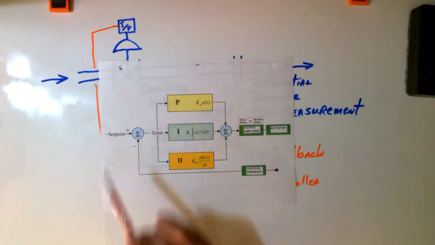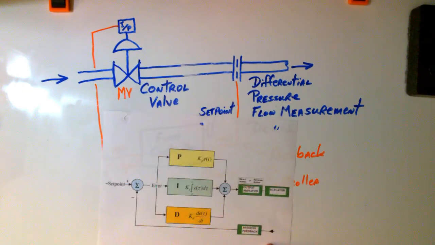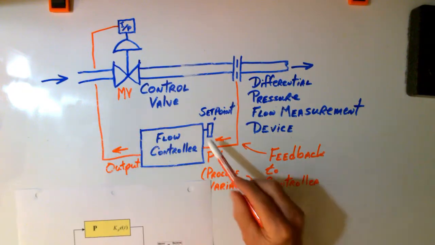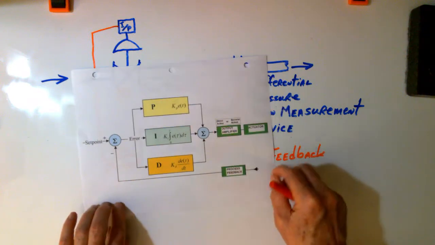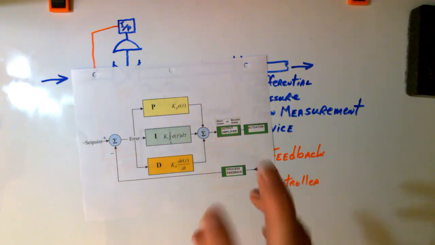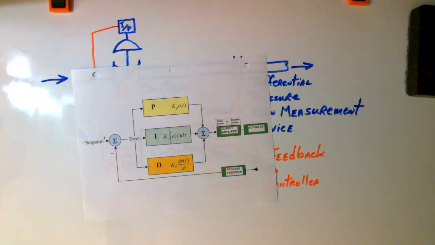The set point is the knob that we had right here, with which we could, by taking our hand, go up and change it to whatever rate of flow we wanted to have: 10 gallons a minute, 100 gallons a minute, 1,000 gallons a minute, what have you.